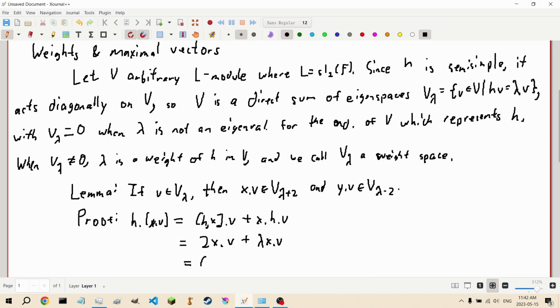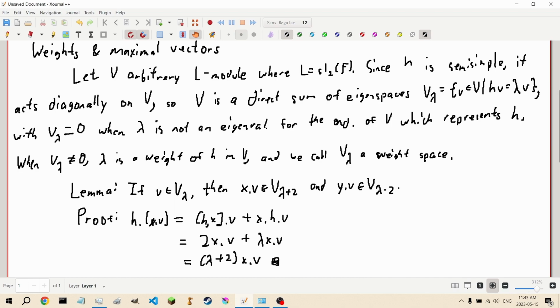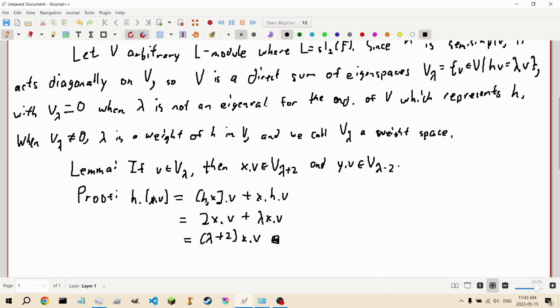Then we can just factor these into lambda plus 2 times X dot v. The computation works much the same in the case of Y. And this implies that X and Y are nilpotent endomorphisms of V, but we already know that that's going to be true.